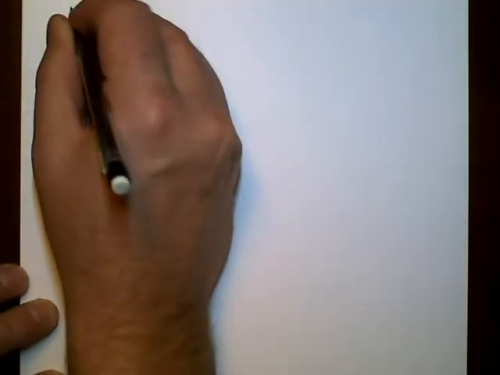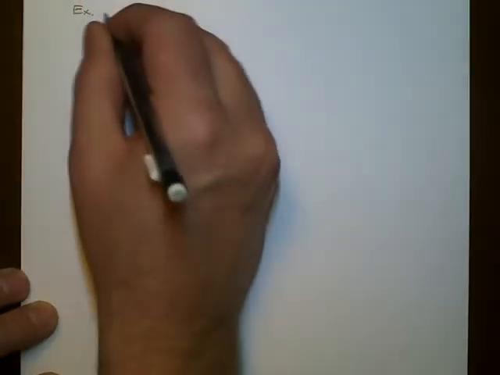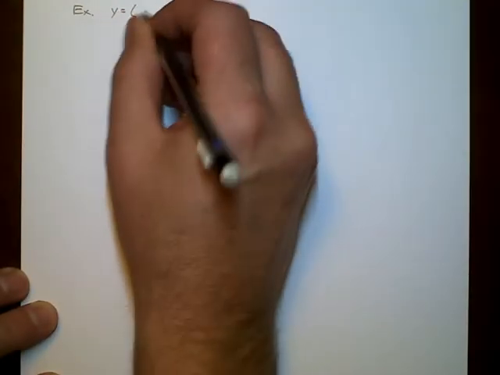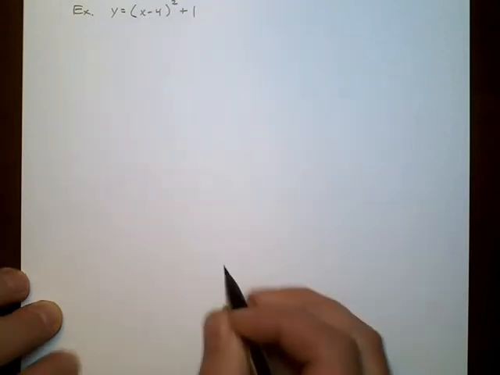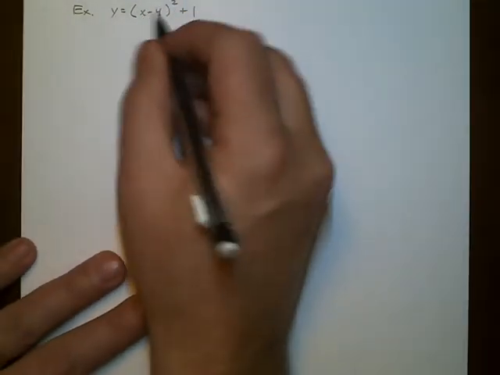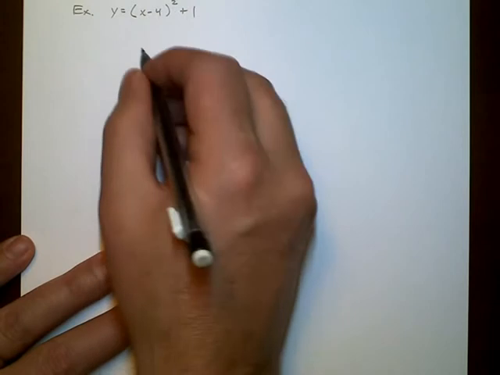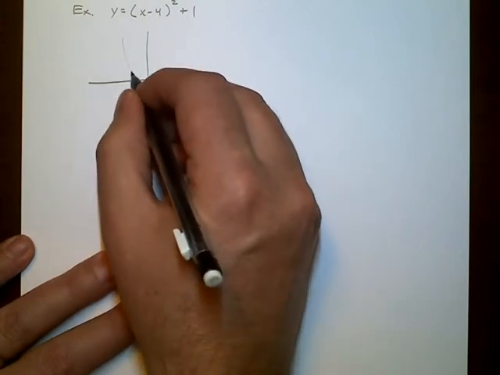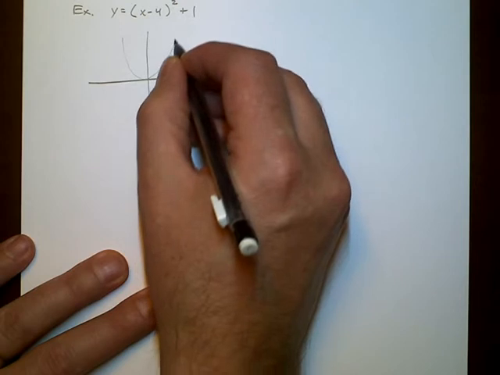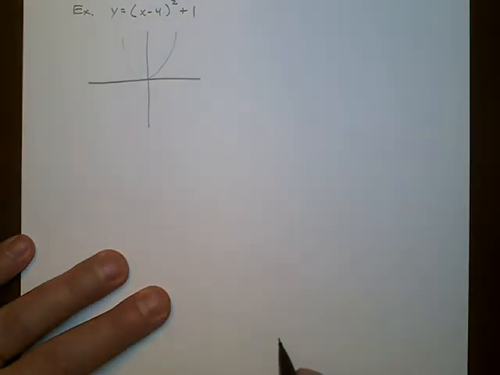So for example, if we wanted to graph y equals x minus 4, quantity squared, plus 1. First we start with our core graph. It's an x squared core graph, so that's our parabola. Center at the origin, but I'm going to draw it very lightly because that's not going to be our answer. We're going to translate that.